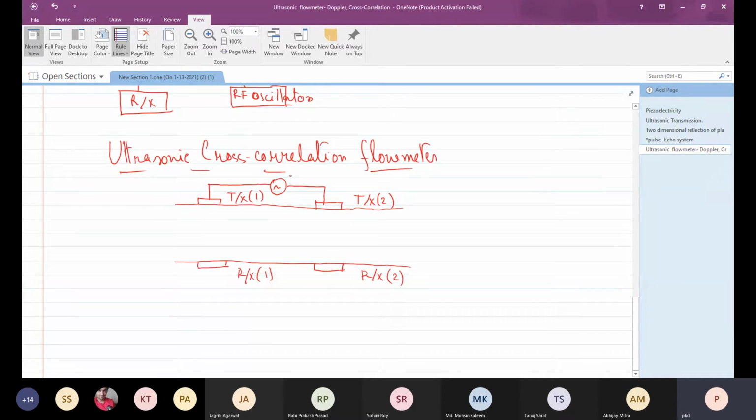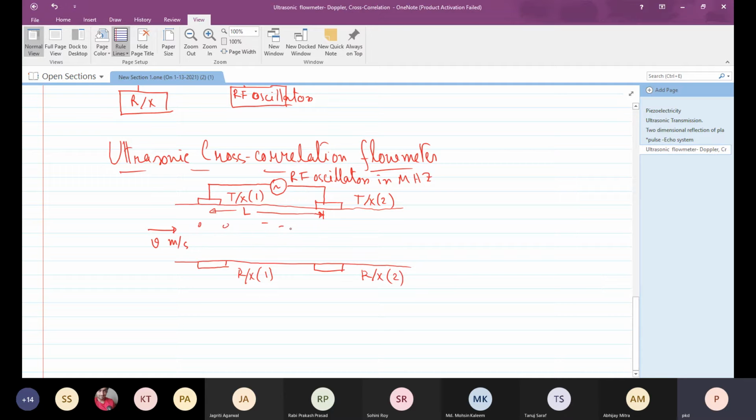So this is an oscillator, in megahertz. The distance between this pair of transceiver sets is L. The velocity is v meters per second.